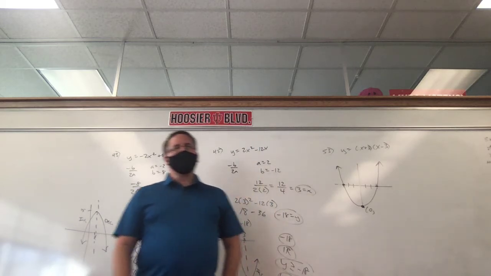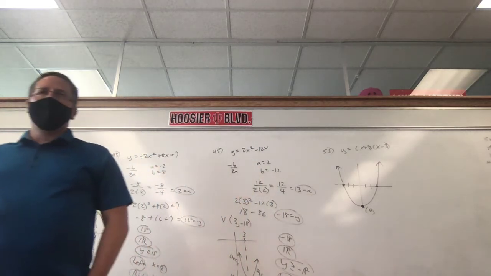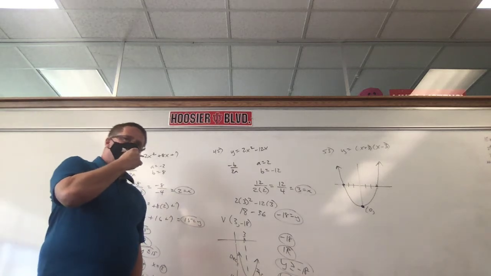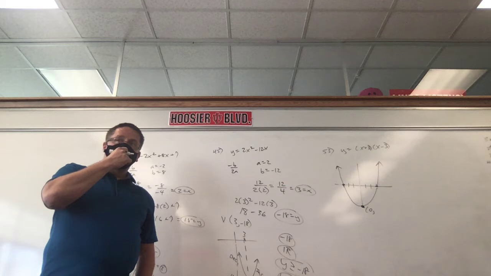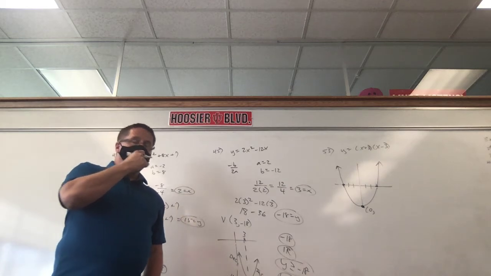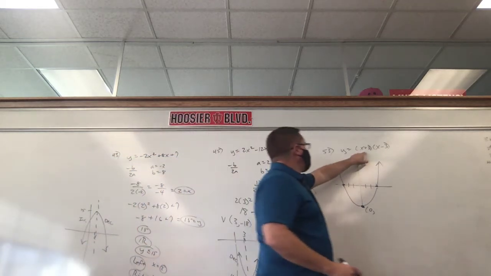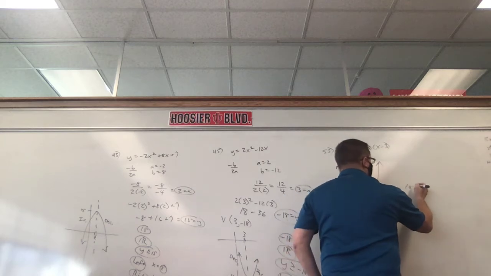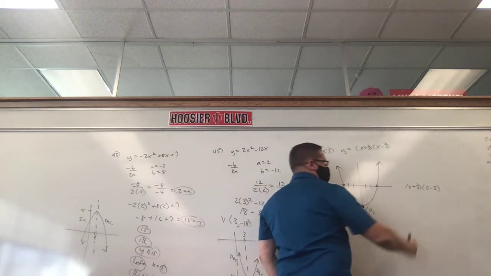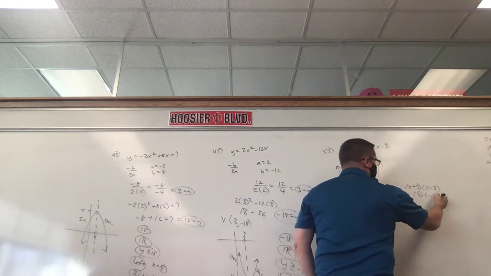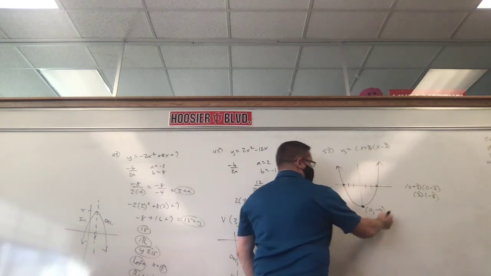We've talked about this for 2 or 3 days. How do we find the y value? Plug in. Plug in what for x? 0. If I plug in 0 here, we have 0 plus 3 times 0 minus 3, which is 3 times -3, which is -9.